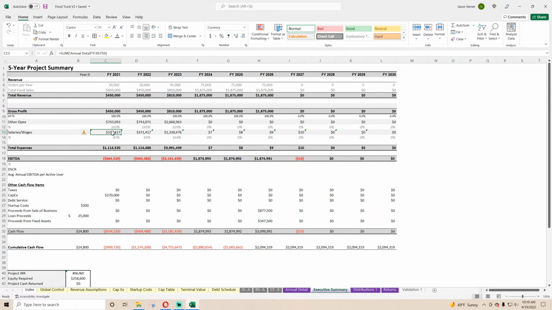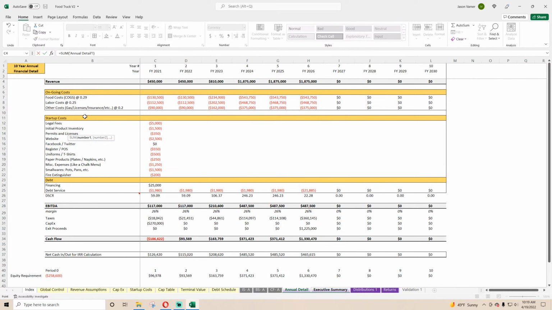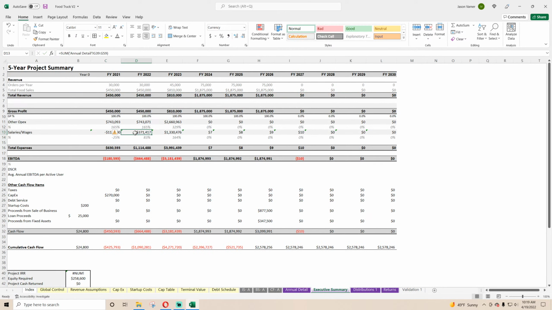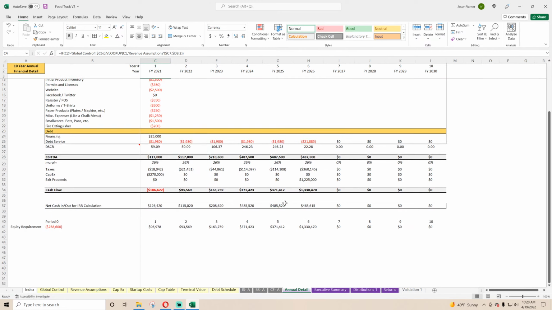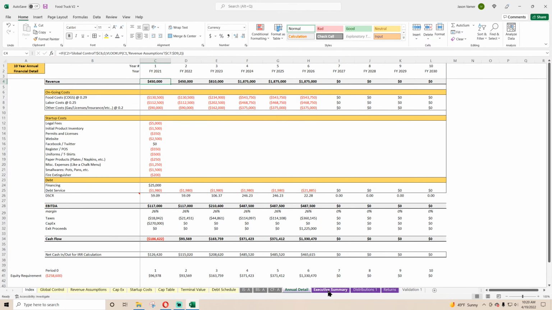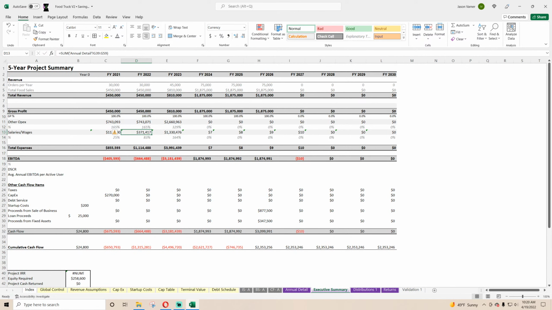Salaries and wages, sum of annual detail. It would just be this. What did I have before? G39 to G59. What? Oh, duh, because this model never had an executive summary like this. So these all got to be updated. Okay, that makes sense. So salaries and wages makes sense.